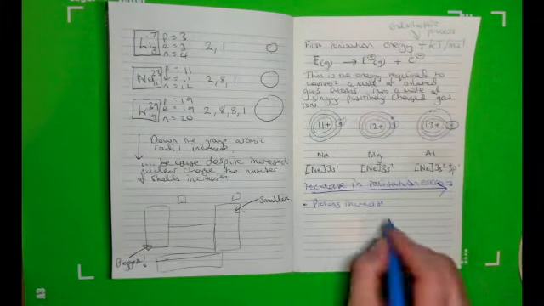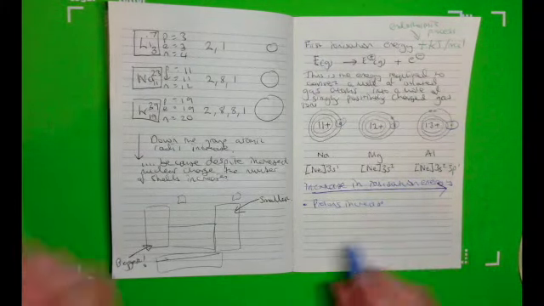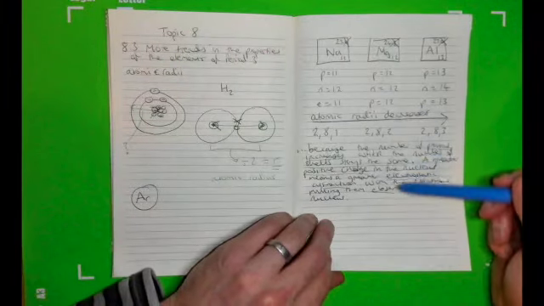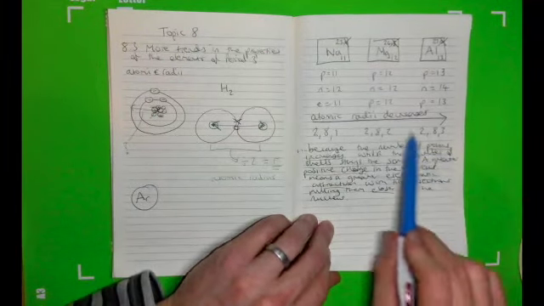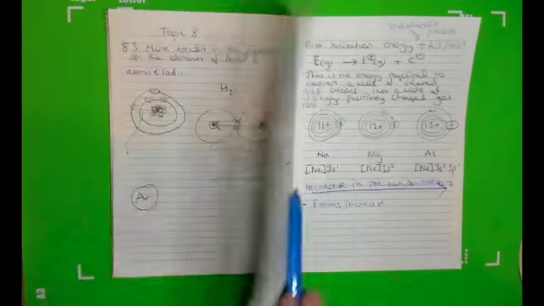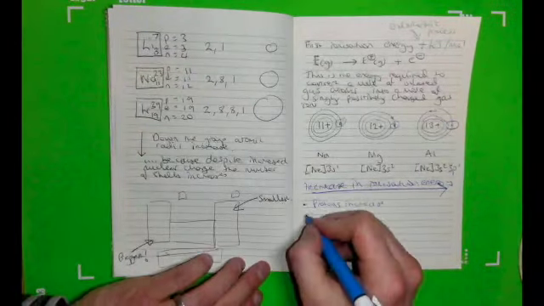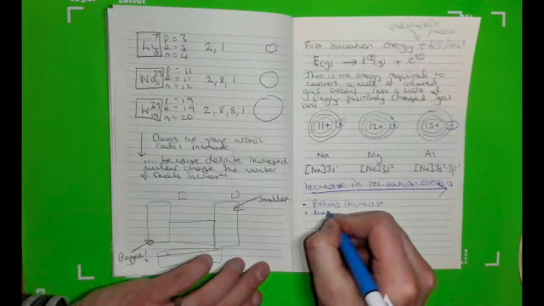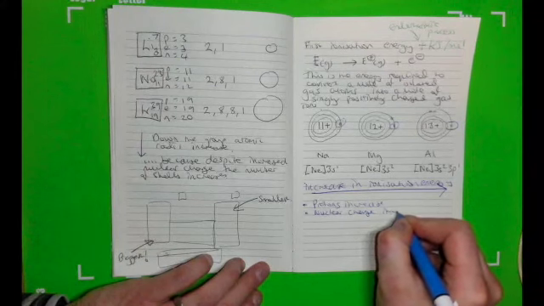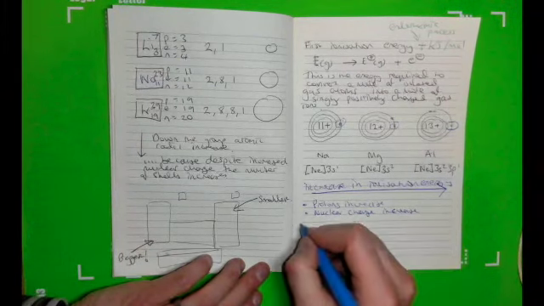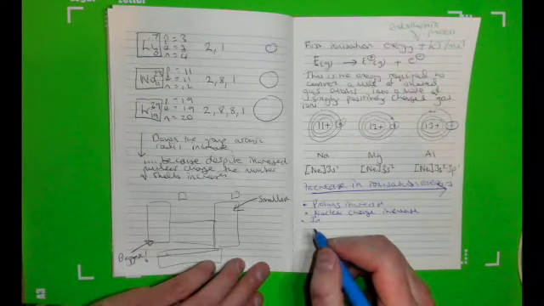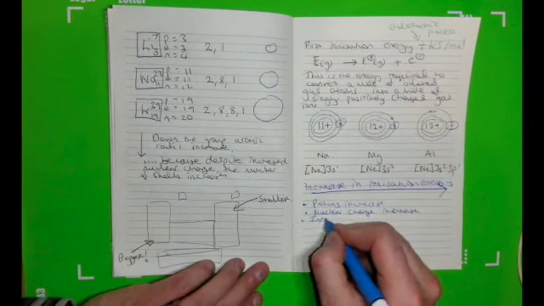What I'd like to see is you write this in full sentences, just like I took the time to do over here. To be honest, if you can answer this question, you can answer this one. Protons increase, therefore the nuclear charge increases. If there's a higher nuclear charge, there's an increased electrostatic attraction between the electrons and the nucleus.